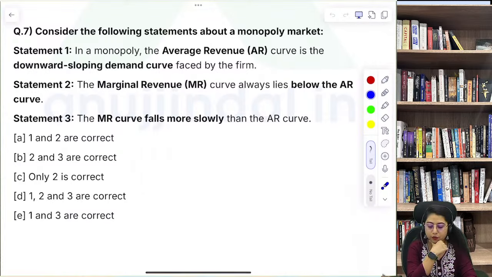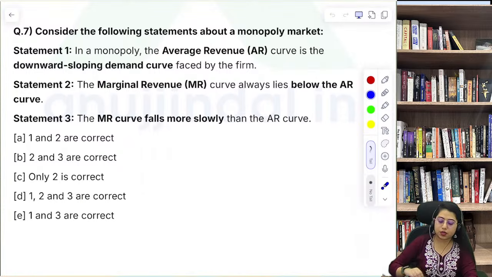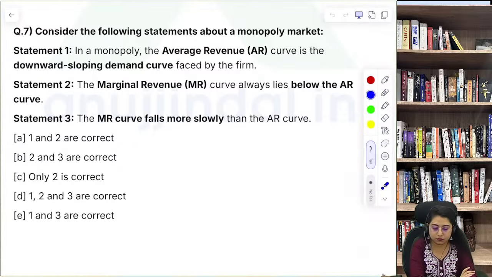Here you have to tell the correct statement. Which of the following statements are correct? Why D?